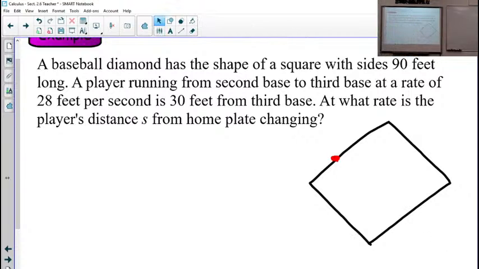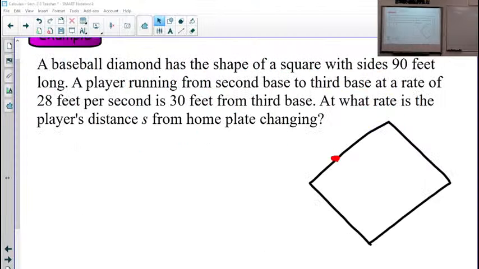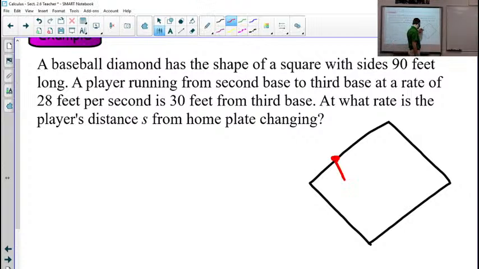And we're looking at the rate of change of their distance from home plate.